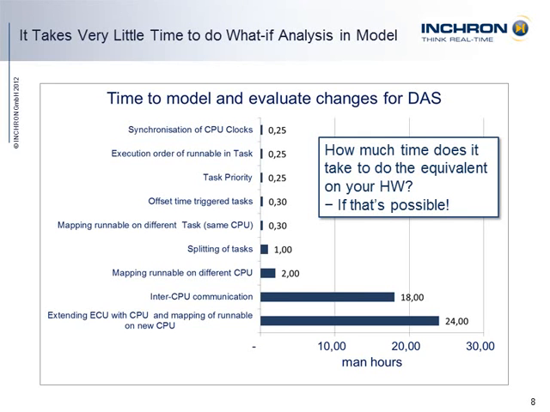The impact of changed task priorities or synchronized clocks can be observed within minutes using these models. Changing the mapping of functions to CPUs or evaluating different task structures is done within a few hours. Certainly, there are other optimizations that will take a bit more time, but that's included in these numbers.